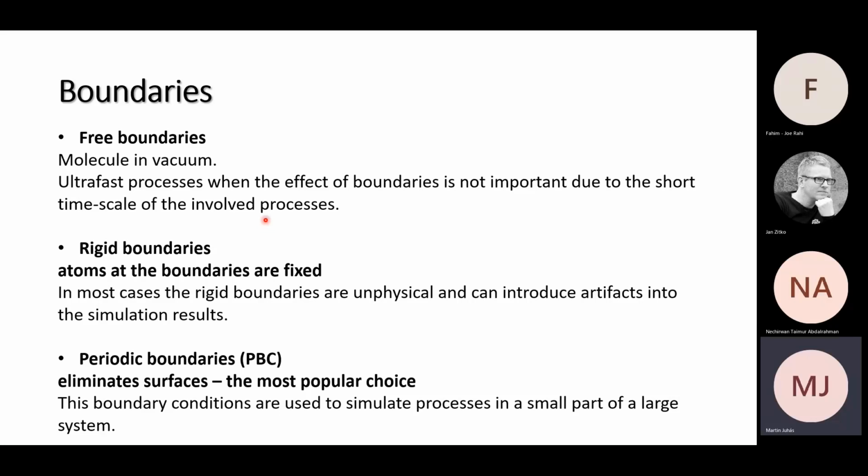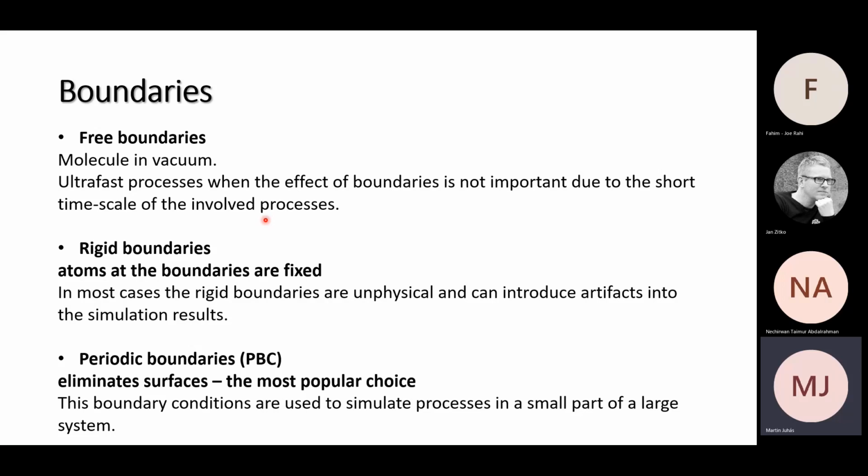So if you think about it, you have a system which is composed of protein or of water, but then it's not infinite. So you have some boundaries that the system is in. Either you use no boundaries at all, so you effectively have protein in vacuum.